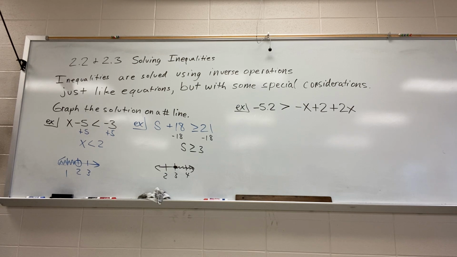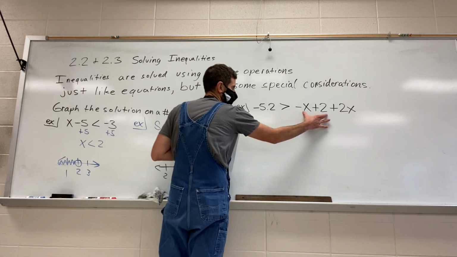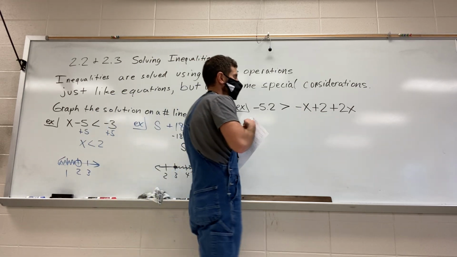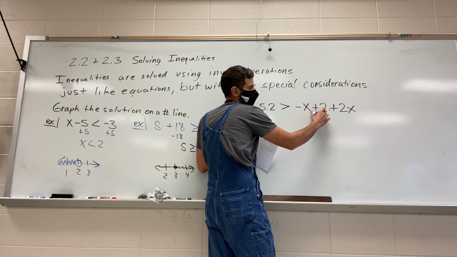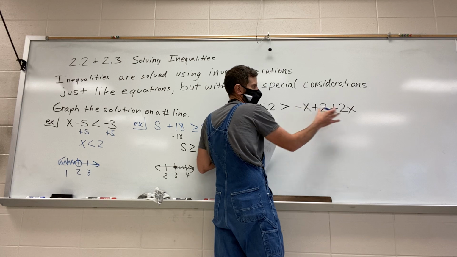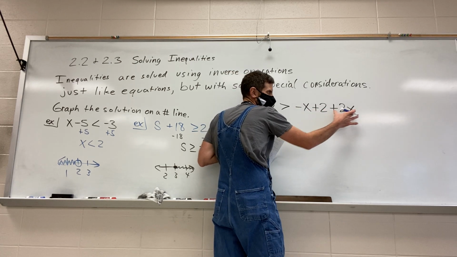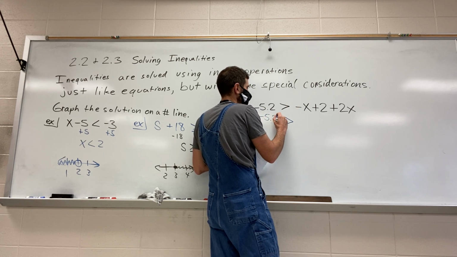Combine the x's together. You're right. We've got x's that are on the same side of the inequality. You could do the commutative property and switch the order of these and put the x's side by side. But do we need to do that to know that they combine? No. So we're going to leave this negative 5.2.